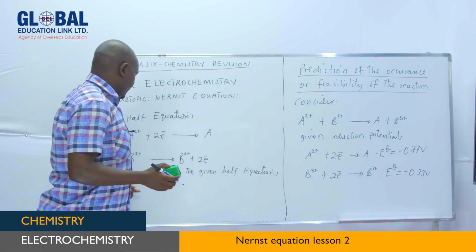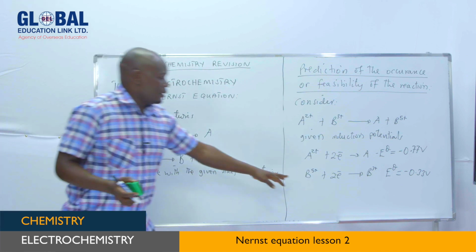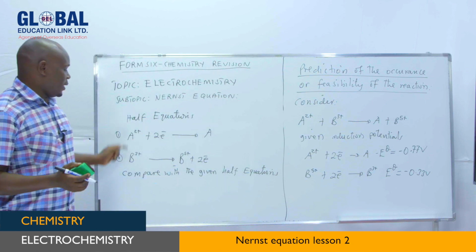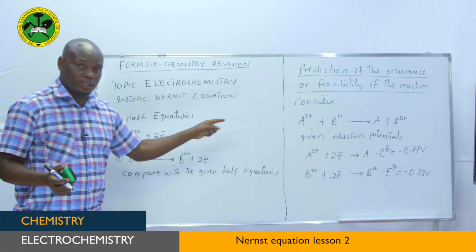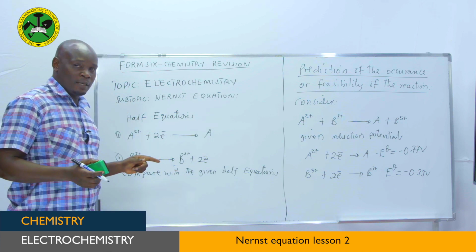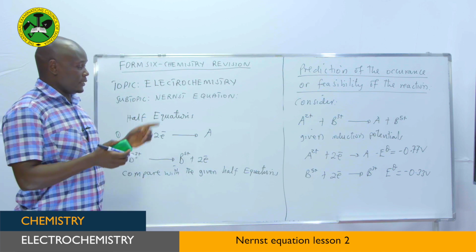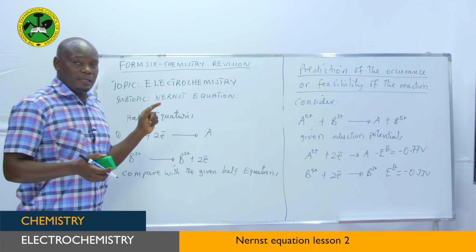So once the given reduction equations appear opposite to those formulated from the equation you are asked to predict, then you have to change their sign. If it appears in opposite, you have to change the sign of that reaction.